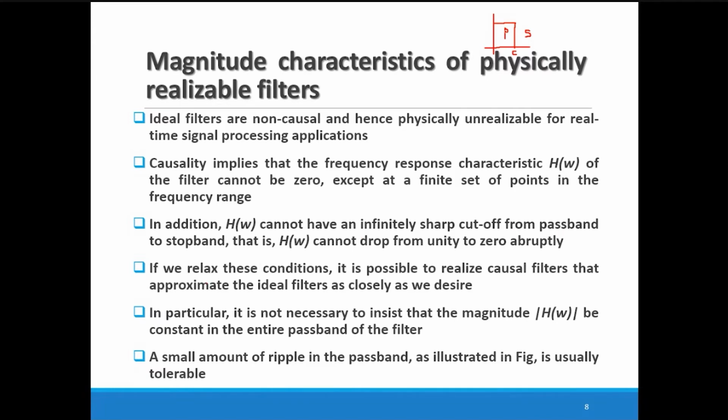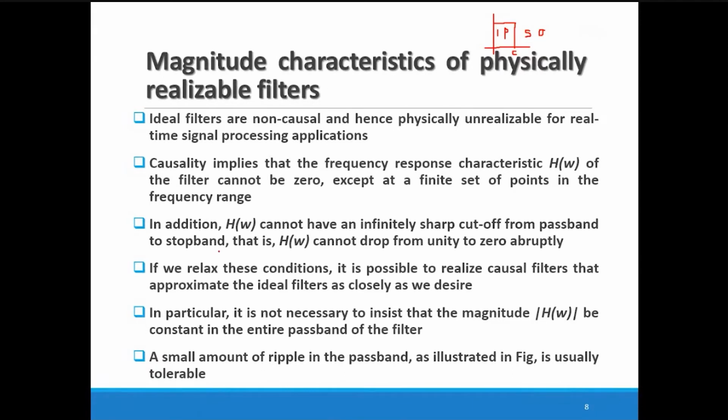So in the ideal filter, we assume the value is 1 in the passband, and after the cutoff frequency omega c you have the value 0 in the stopband. So the ideal condition is the transition from 1 to 0 directly, a sharp cutoff from passband to stopband.